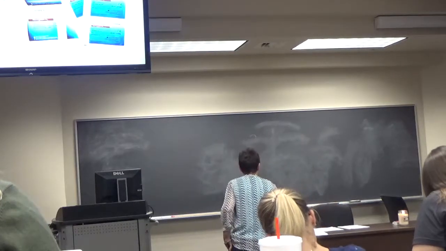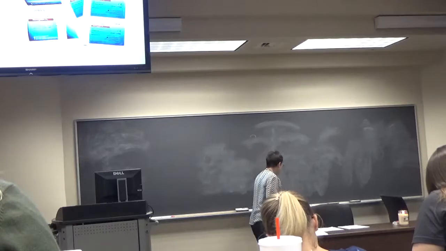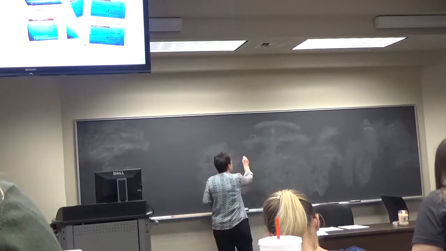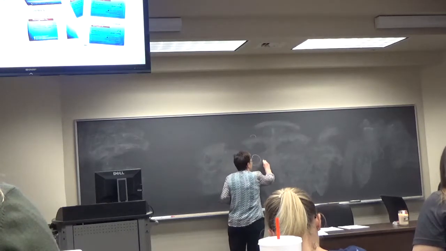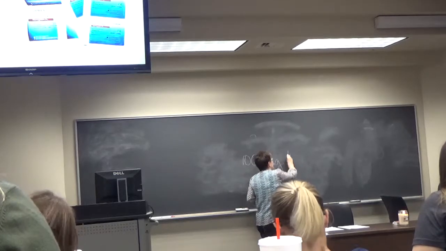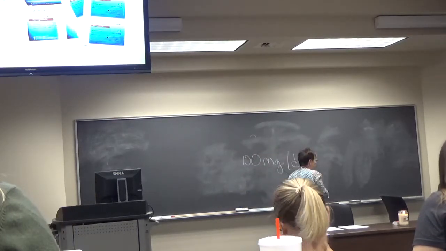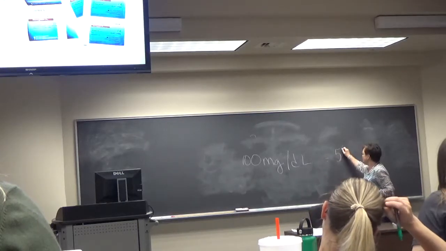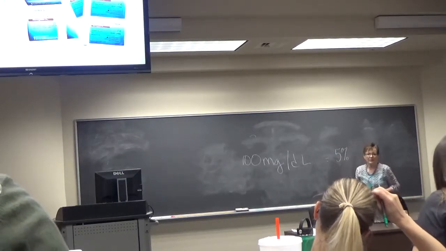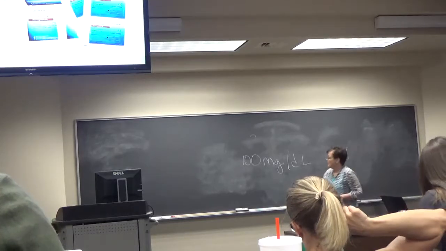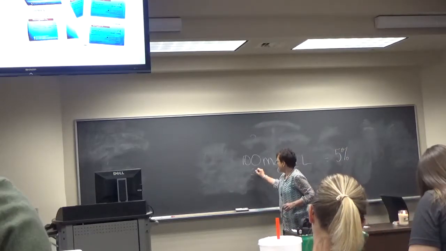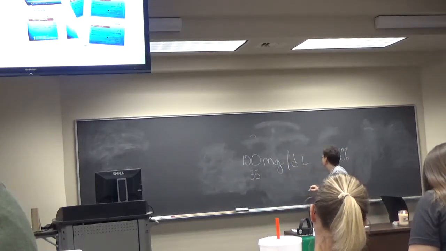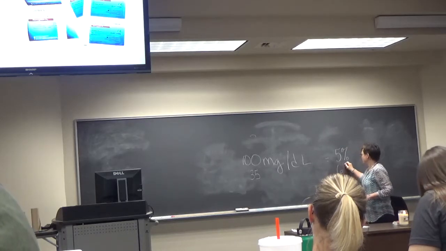Okay. So for ease, if we said an average blood sugar was 100 milligrams per deciliter, that would translate into an A1C of about 5%. For every 35 you add, you go up a percent.